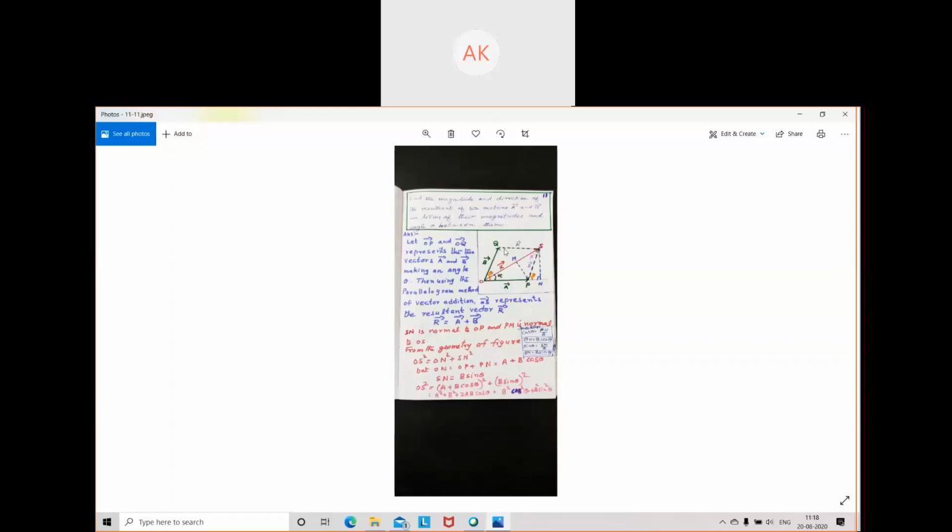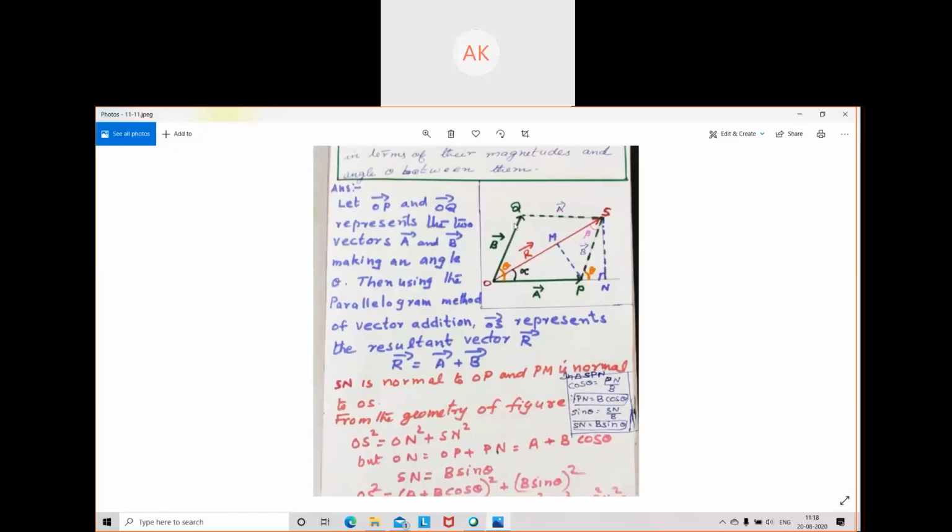Then you just complete the parallelogram, I have used dotted lines for that. Then draw the diagonal. We know there are two diagonals. Joining Q to P, we get one diagonal, and the other diagonal is joining O to S. Which diagonal represents the resultant? The diagonal starting from the point of intersection of the given two vectors.